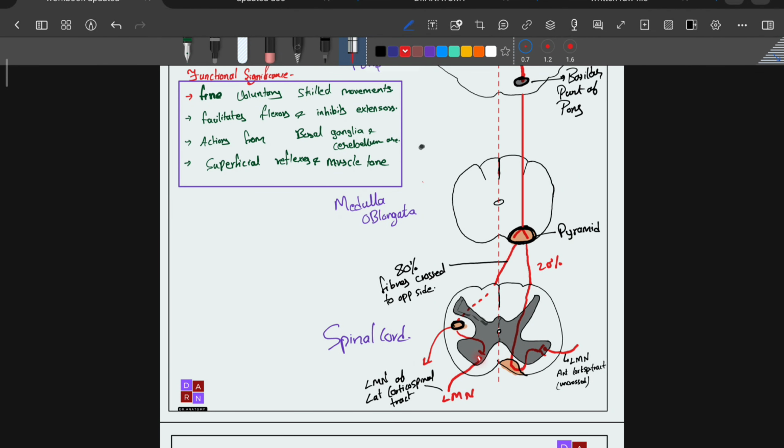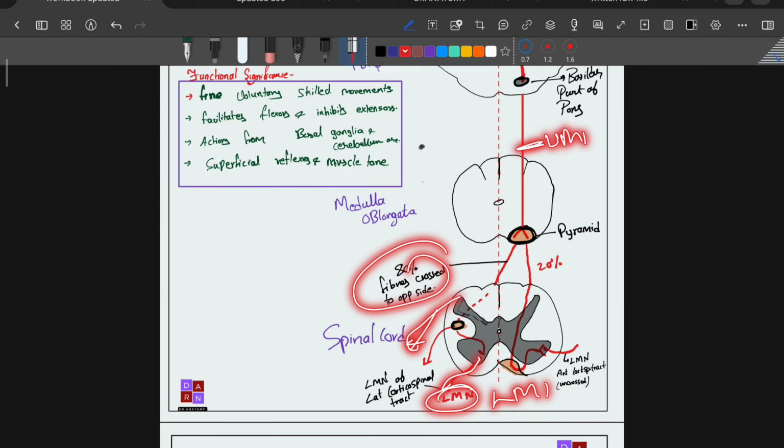From the spinal cord it goes outside; this is your lower motor neuron. Here you can see 80% of the fibers are crossed. So if anything happens in the upper motor neuron, the deficit will be contralateral. If anything happens in the lower motor neuron, it is ipsilateral.